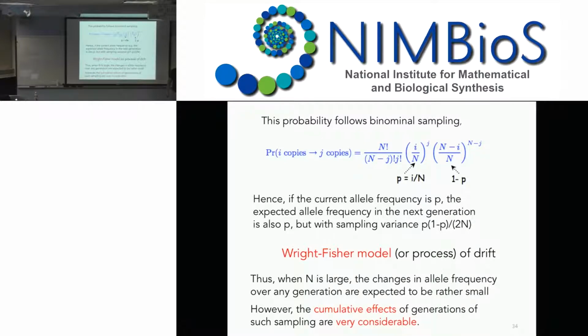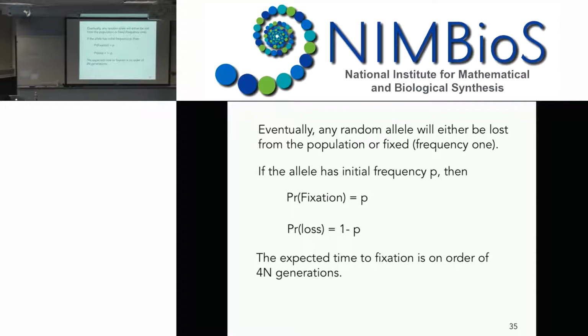No matter what your population size is, over a sufficient number of generations, drift is very, very important. Drift causes alleles to become lost from the population. In fact, if my initial frequency is p, then simply under random mating, so alleles have no fitness advantages, the probability the allele is fixed is going to be p, and the chance it's going to be lost is 1 minus p.